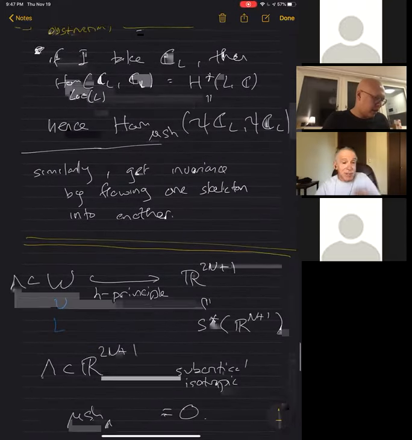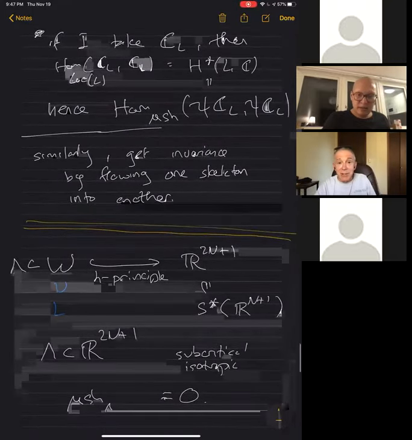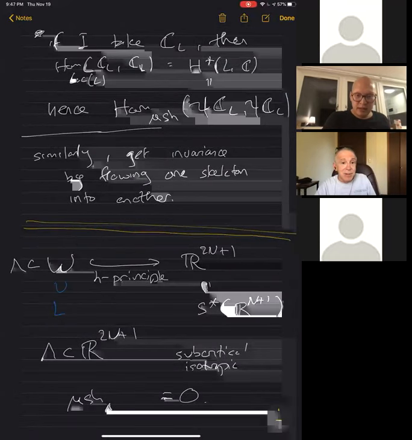Like, for example, the skeleton. Will it be a singular complex Lagrangian, or what?